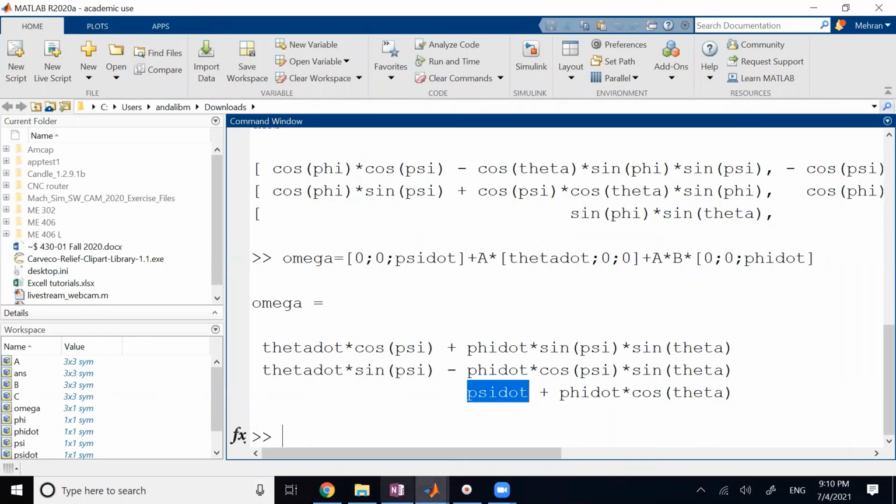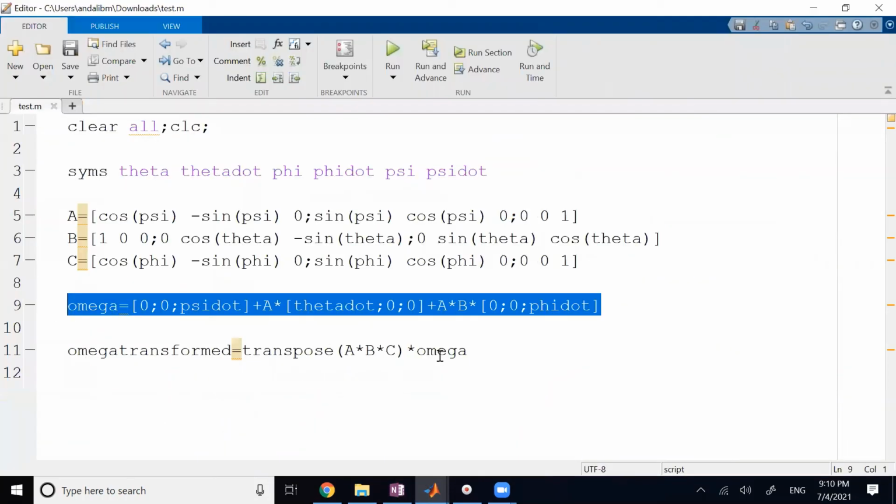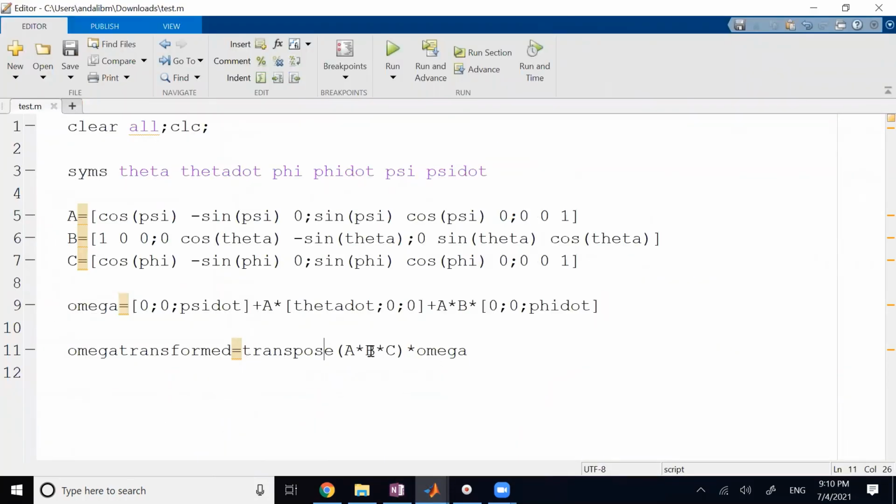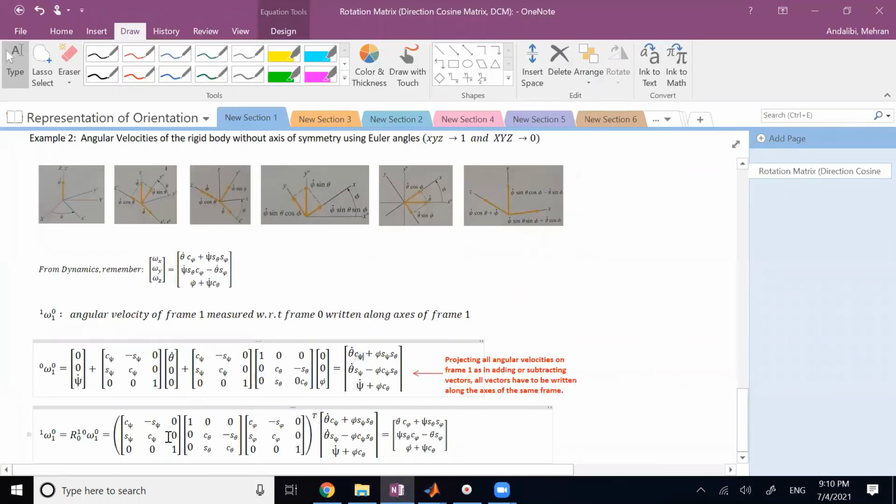And then what I do is multiply it by the transpose of ABC. That's what I said, right? Multiply ABC to get the rotation matrix, transpose it to get you back from frame 0 to 1, and multiply the transpose of the whole thing by the result in the previous step. That should get you exactly what we showed in that dynamics video using geometric projections and formulas.